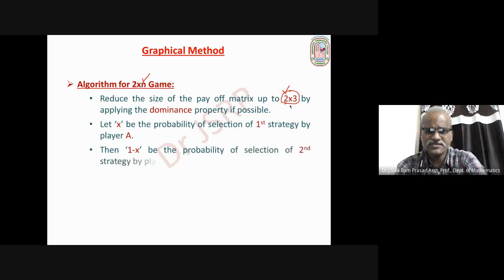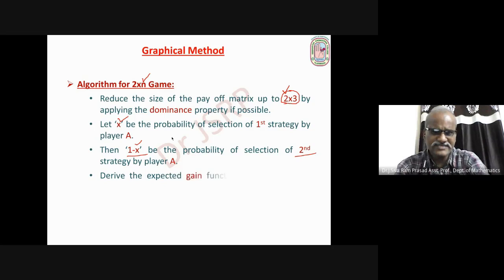The total probability is 1, so 1 minus X is the probability of selection of the second strategy by player A.